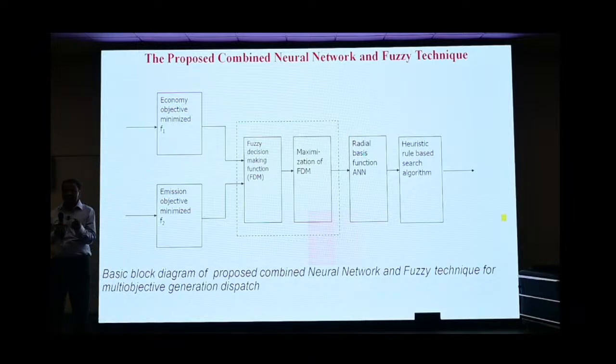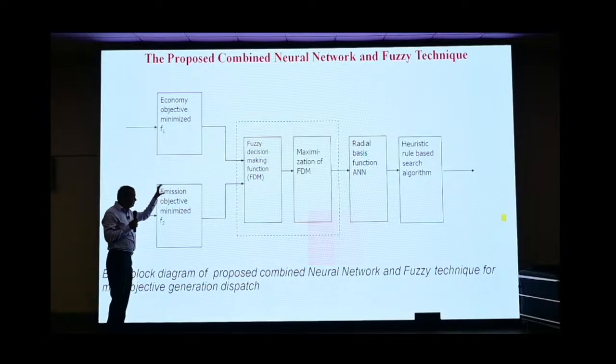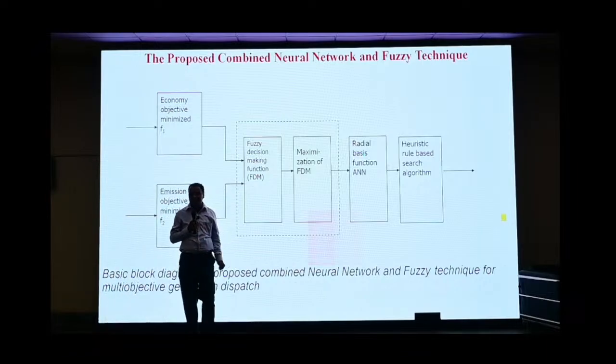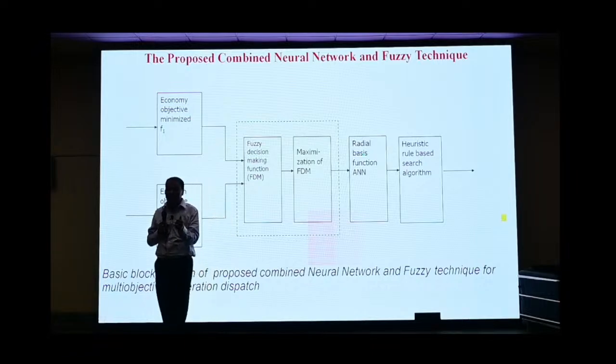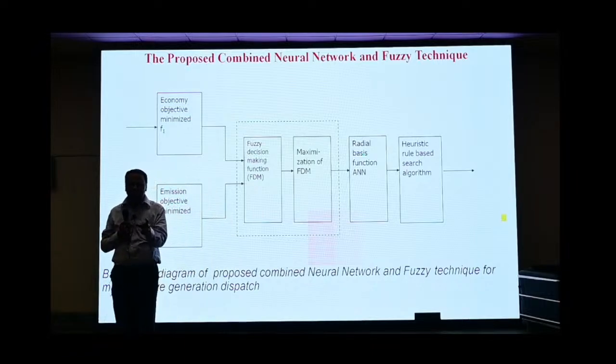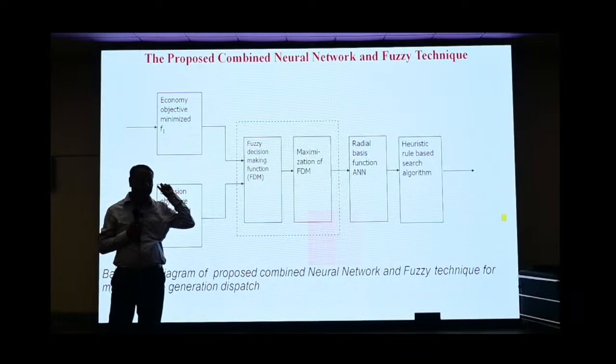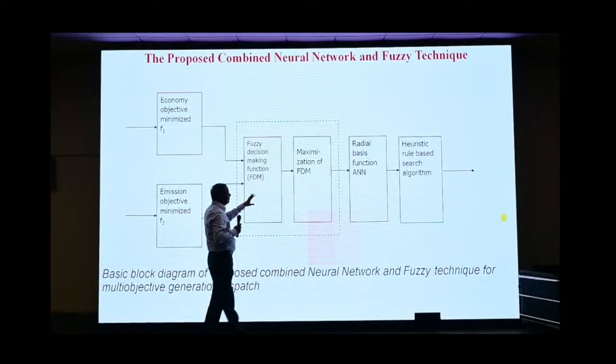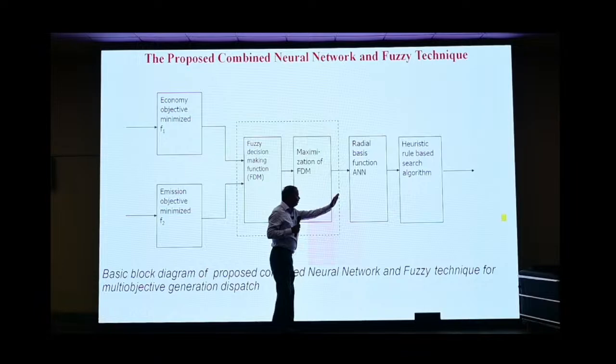Had it been a single objective function, I could have easily done it because mathematics is involved. But it never happens. So the first is minimized and the second is minimized, which are not happening at the same time. That's why I want to create a fuzzy decision making function in the fuzzy set domain. That transform function I have to maximize so that both the objectives will be minimized. That is the concept.